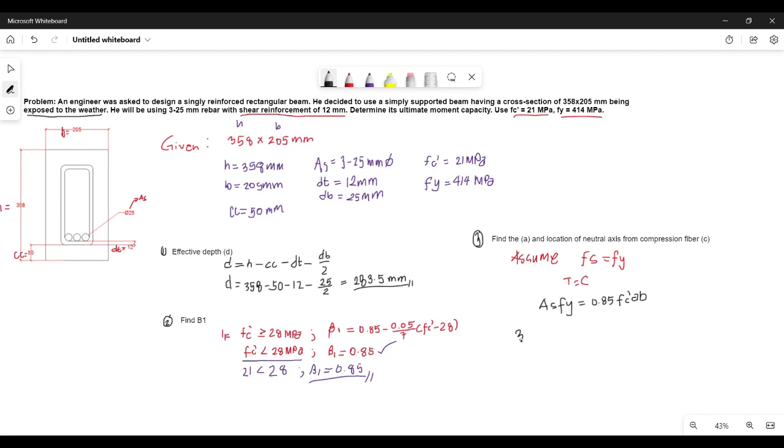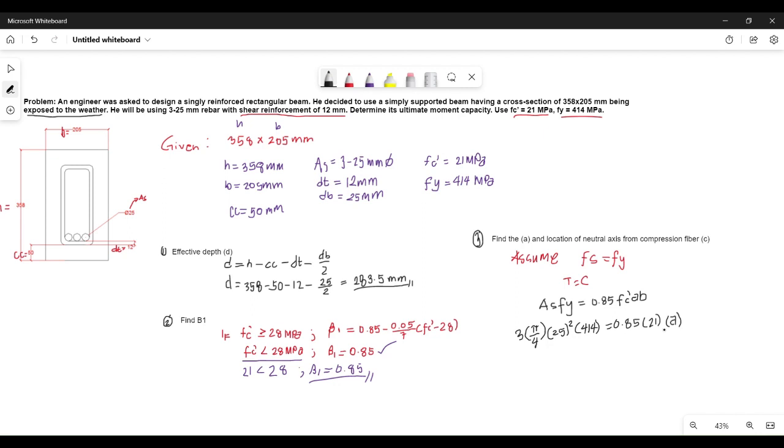So, 3 times pi over 4 times diameter natin is 25 millimeter squared, fy natin 414 MPa, equal to 0.85 fc prime times 21 times yung a natin, which is unknown, times yung b natin.